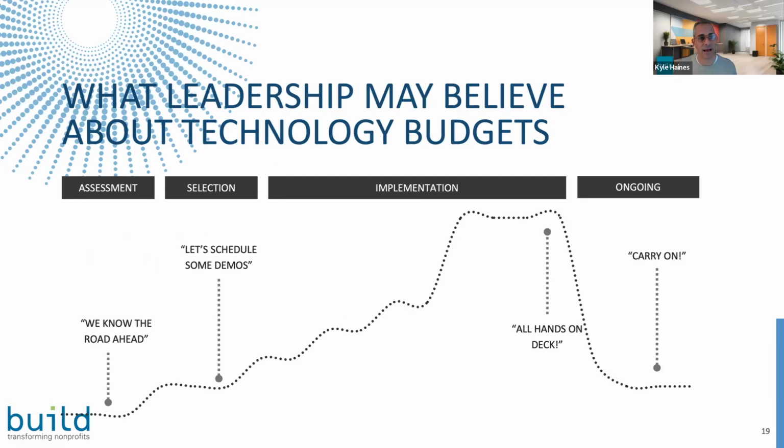Wanted to share this idea that many leaders believe that this is the way that a technology project tends to work with regard to budget. They tend to underinvest in understanding where the organization is, what the scale of change is going to be, and what the impacts are.